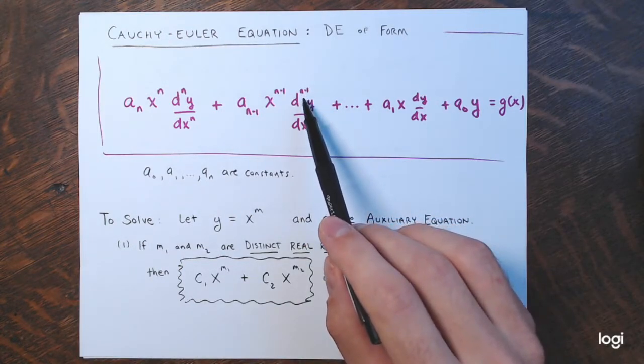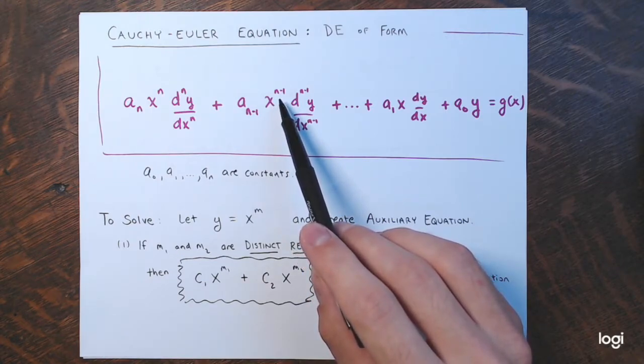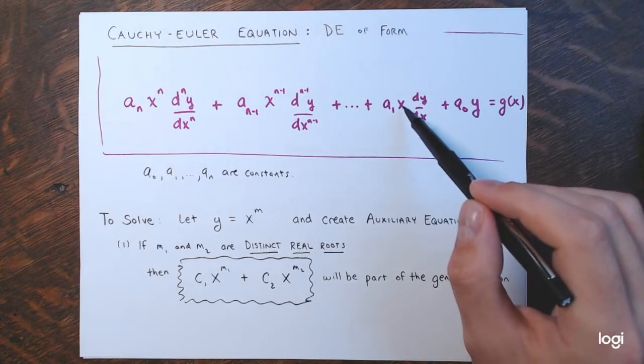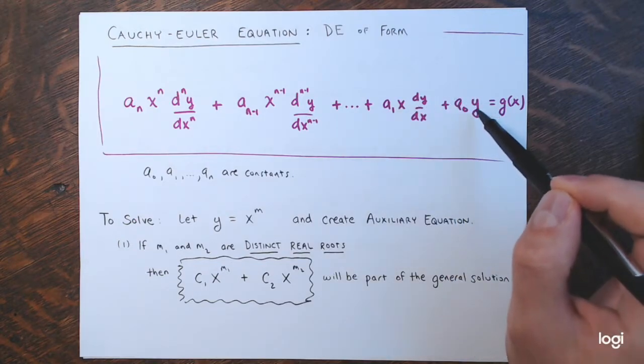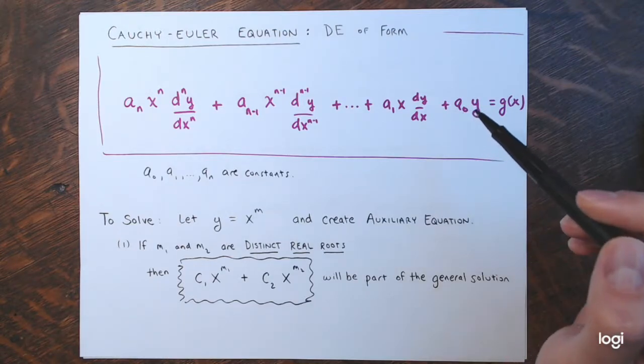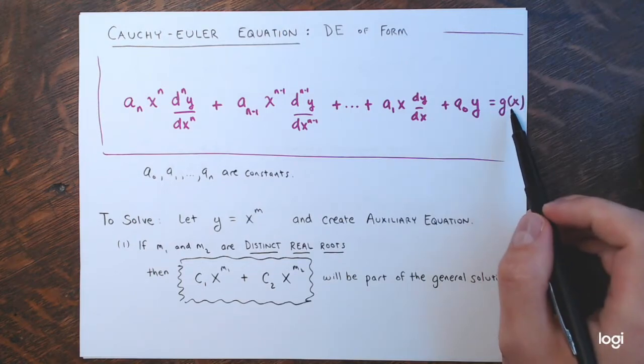And the n minus first derivative has x to the n minus first power attached to it. The first derivative has x to the first attached to it, and then the zeroth derivative, just y itself, has x to the 0, or 1, attached to it. And then we have equals, and then some function of the independent variable, g of x, on the other side.